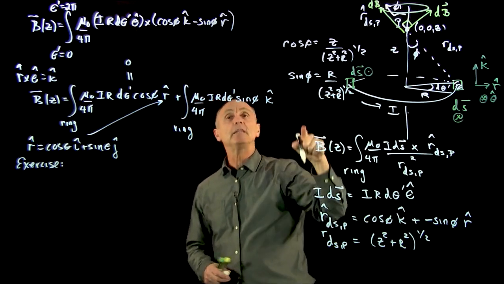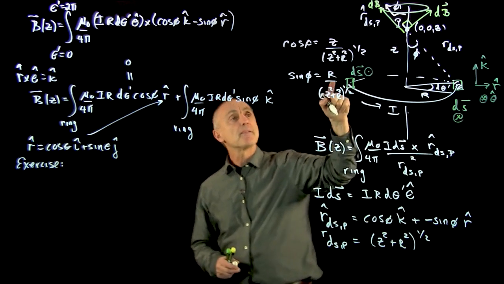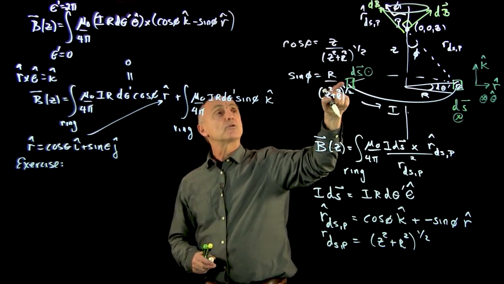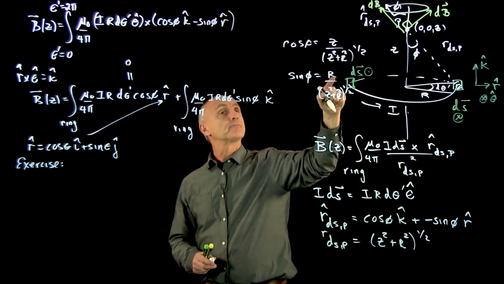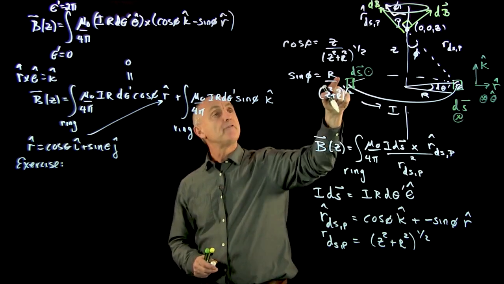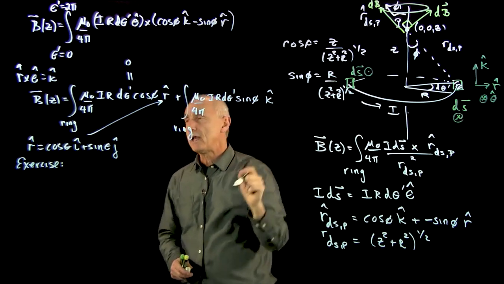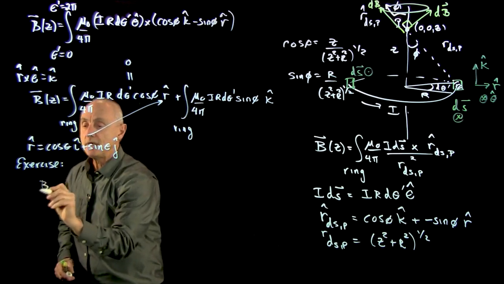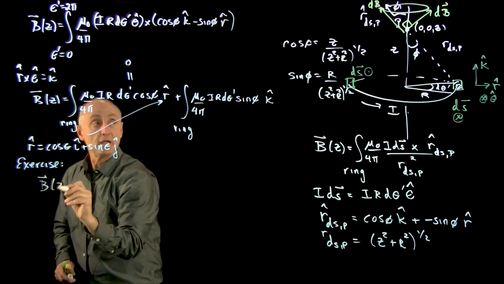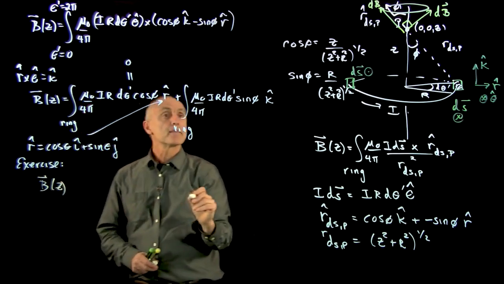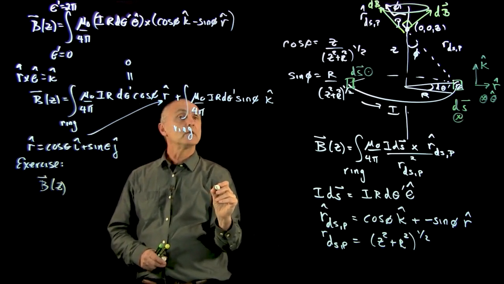Let's put the sign in there, and now you can see that in this integral, everything is a constant. The only integration variable is d theta prime, doesn't appear anywhere here. And so B of z, and let's make sure we have this right.